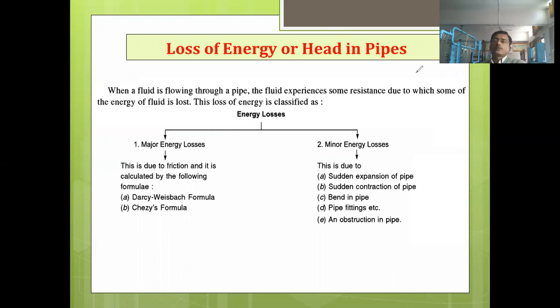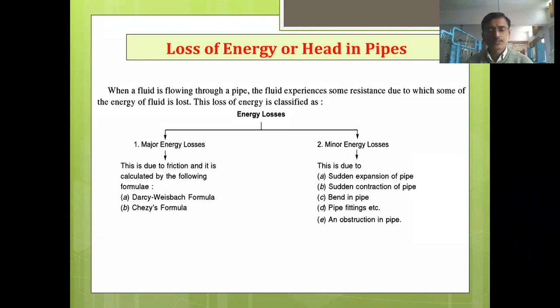Have you written it? So let us now understand what are the various types of losses that take place in the pipe flow. When fluid is flowing through the pipe, the fluid experiences some resistance due to which some of the energy of the fluid is lost.